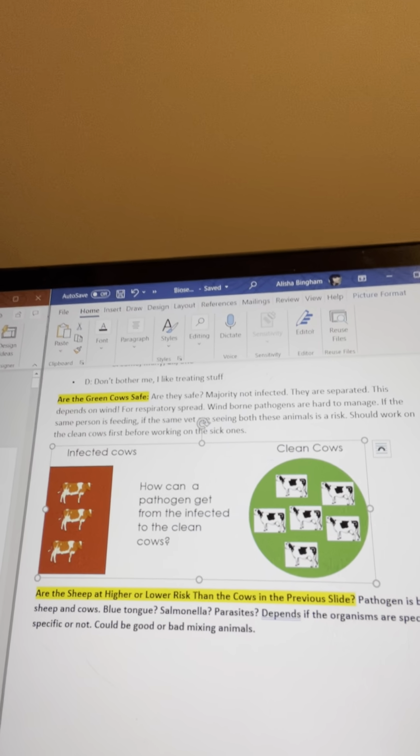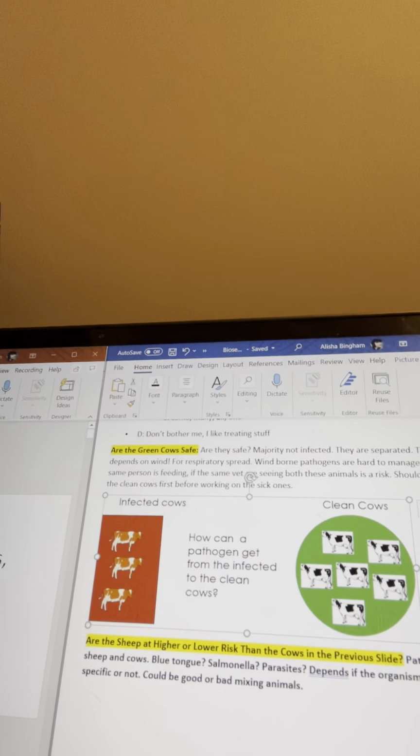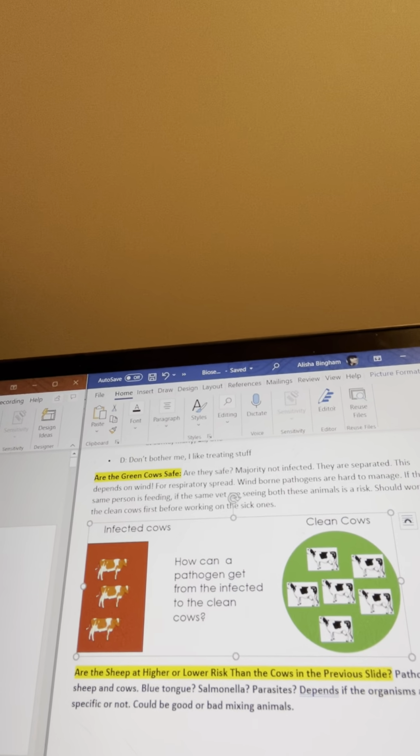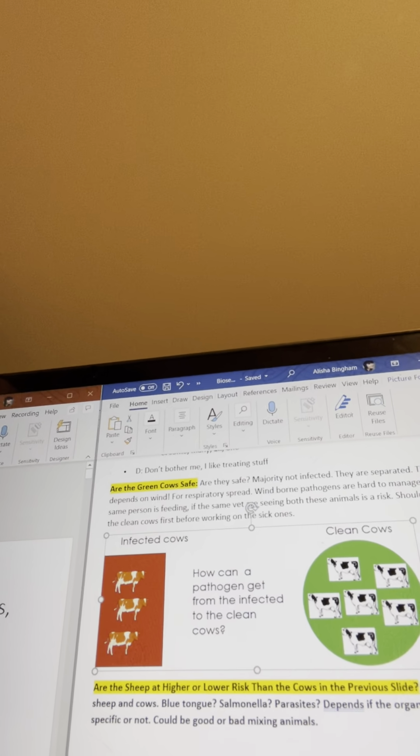And then we had this. So we have the cows on the left side are infected in red, and then we have the cows on the green side, which are the clean cows. But are they safe? That was basically the question we were asking. So a majority of them are not infected, and they are separated, but this also depends on different variables, such as the wind, like which way the wind blows.